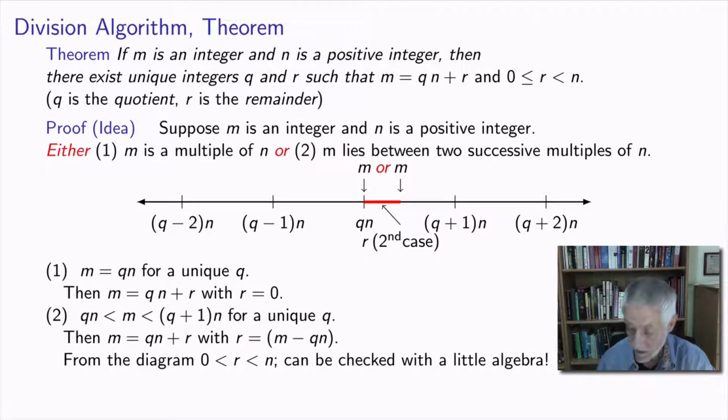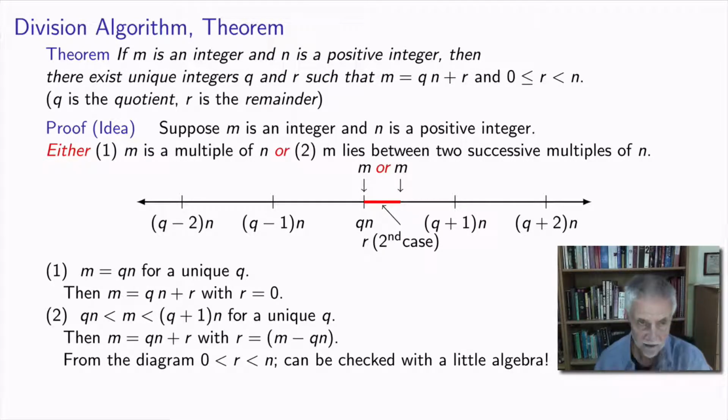And then we can write m is qn plus the remainder r, where r is equal to m minus qn. So from the diagram, we certainly see that 0 is less than r is less than n. r lies strictly between 0 and n. And this can be checked with a little bit of algebra.